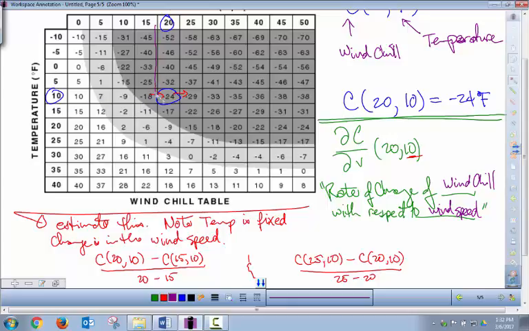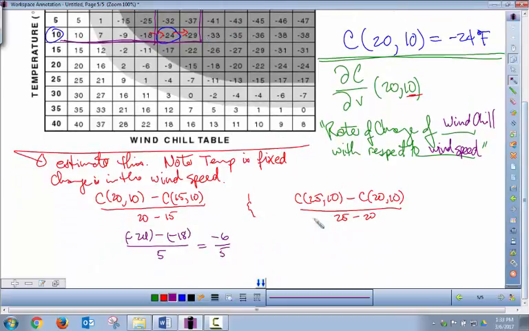And we're going to do the same thing except looking at C of (25, 10), which is negative 29, I think. So this is negative 29 minus negative 24 over 5.